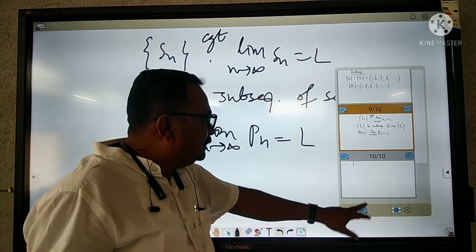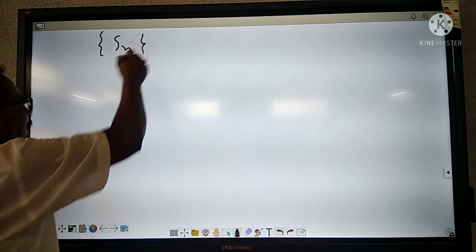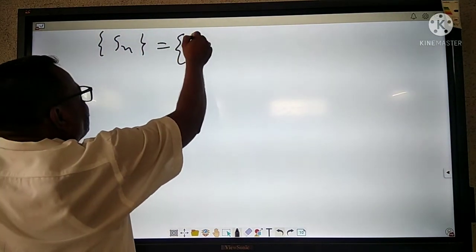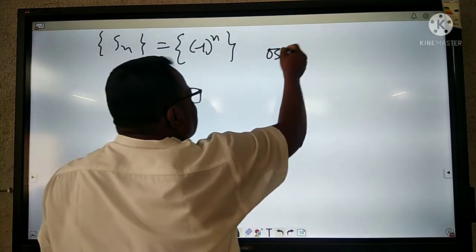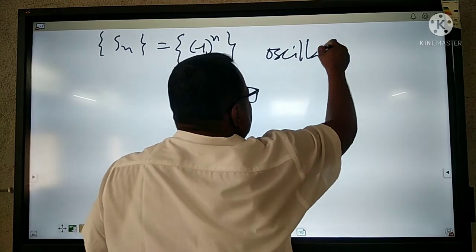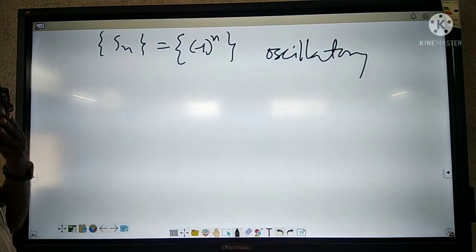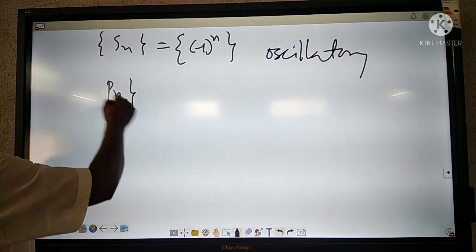Now see this one. Sequence Sn, suppose this is minus 1 raised to n. We know that this is an oscillatory sequence. Now see the subsequence of this sequence Sn.